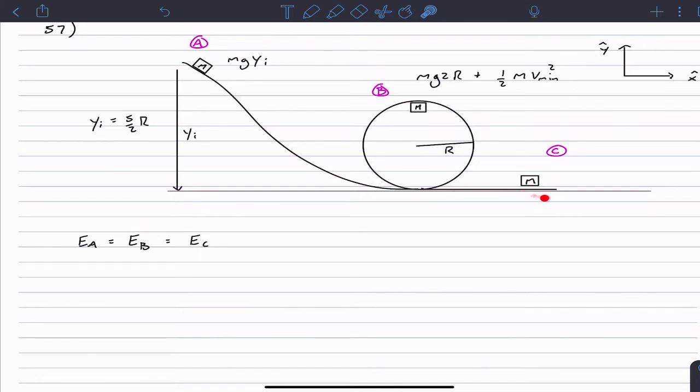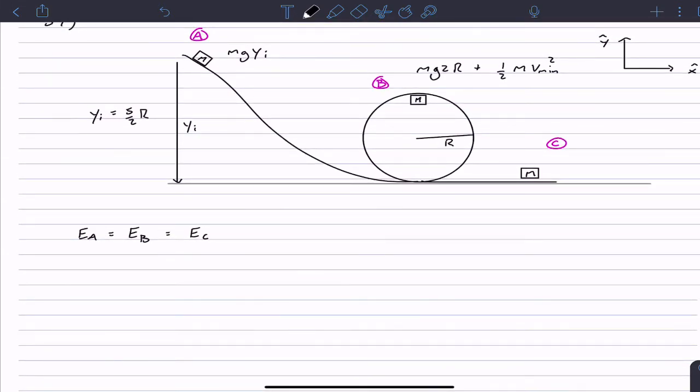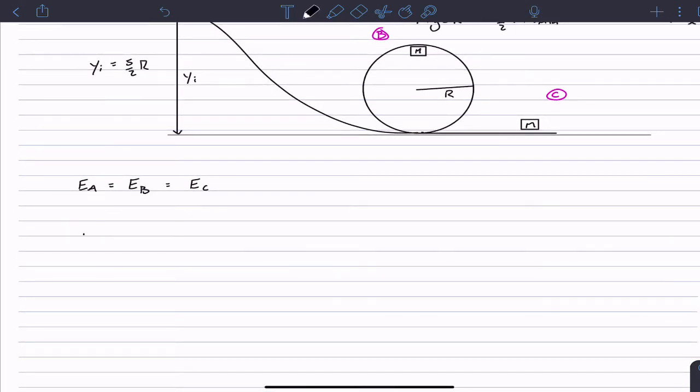Remember, there is rolling friction, so we're going to have to consider our work-energy theorem in this case to see what is the change in the system energy. So what we would do is take energy A plus work, and that's going to be energy C plus the change in internal energy.